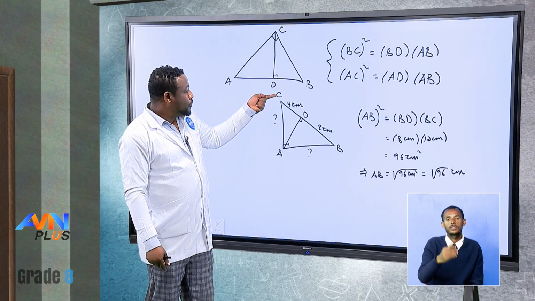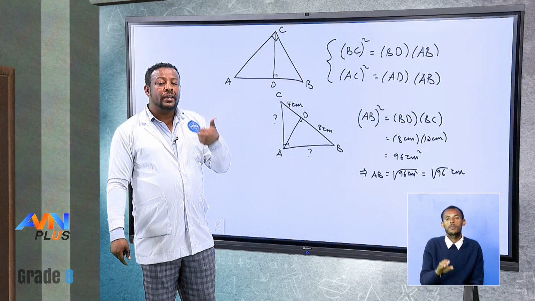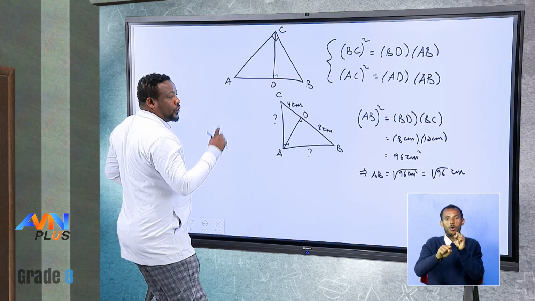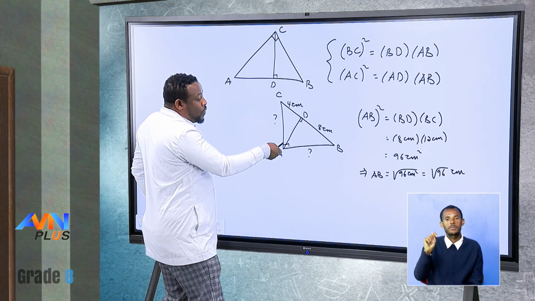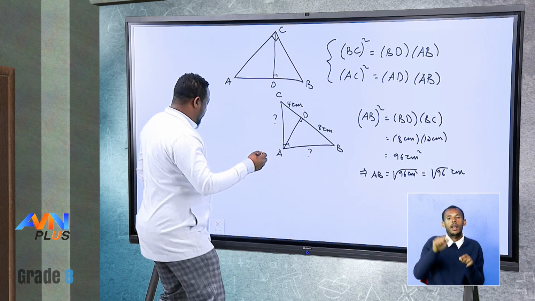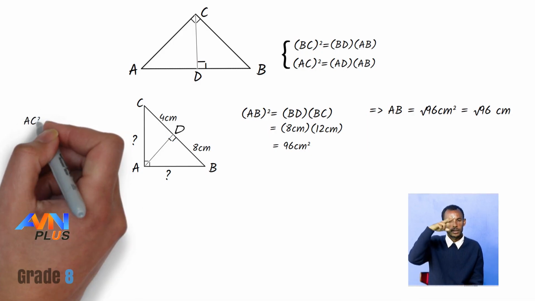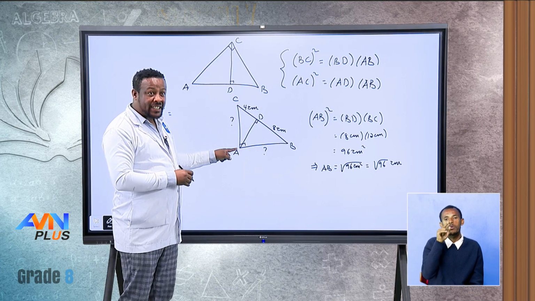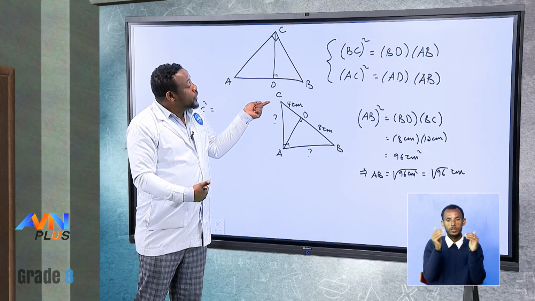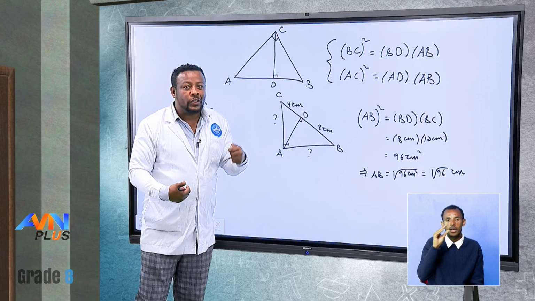The other thing is that you can also calculate the length of AC by applying Euclid's theorem. Based on Euclid's theorem, the square of this leg, say this is AC square, if you are taking this side, is equal to the product of the adjacent segment and the hypotenuse.